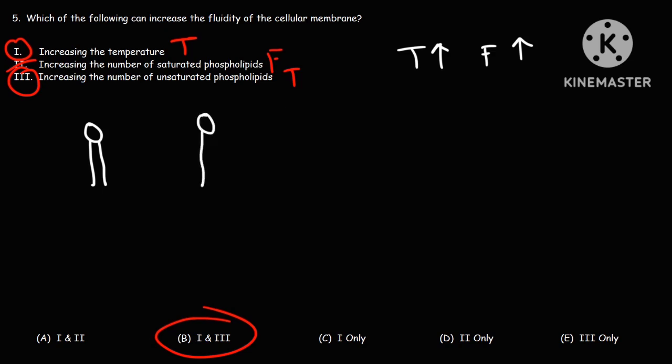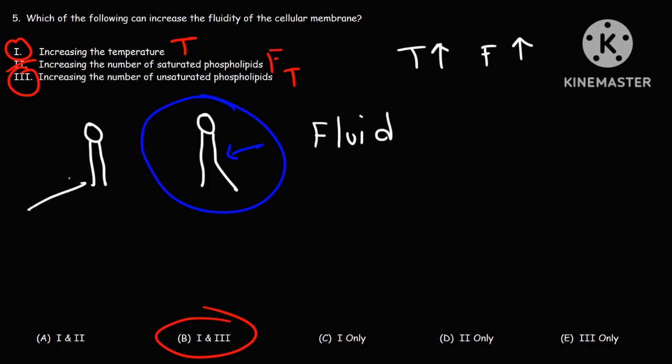This is an example of an unsaturated phospholipid. As you can see, one of the fatty acid chains has a kink in the structure, which means it has a double bond. So if you have more of these phospholipids, the membrane is going to be more fluid. Phospholipids of this nature will create a membrane that's more rigid and less fluid.